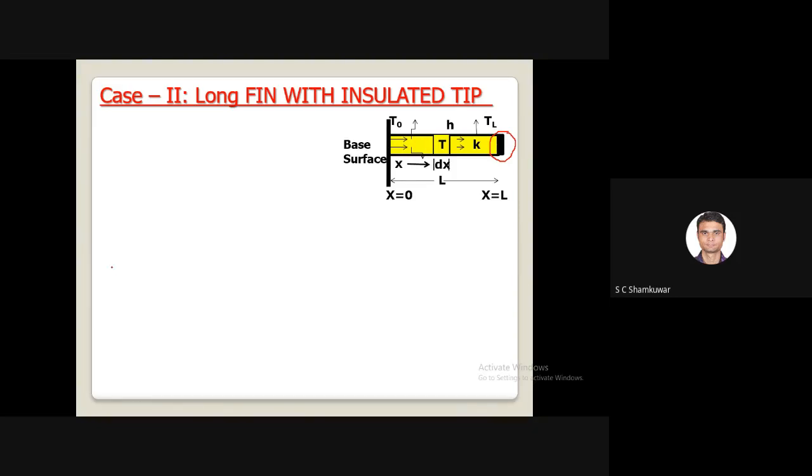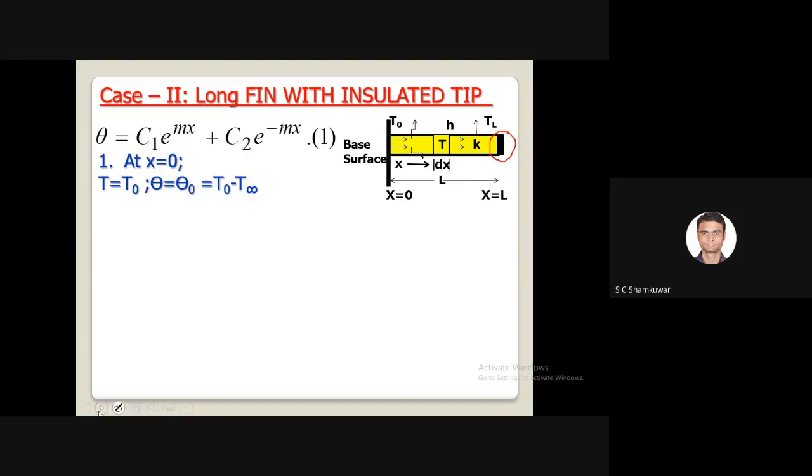So again we will consider the same equation. This is very important, and this will be asked in GATE also. What is the generalized equation for temperature distribution for fins? Theta is equal to C1 e to the power mx plus C2 e to the power minus mx.